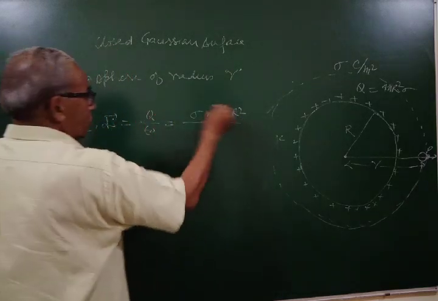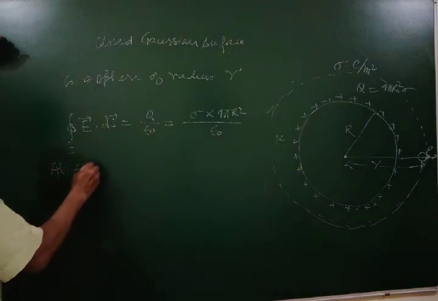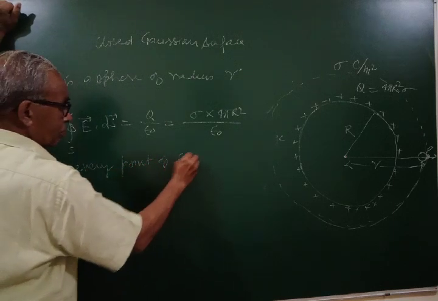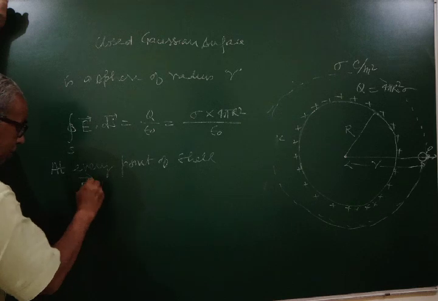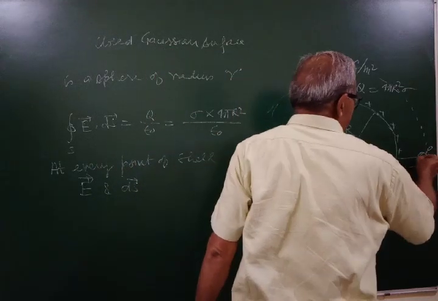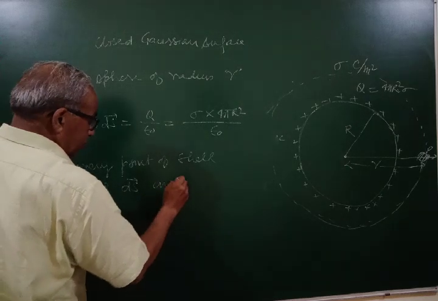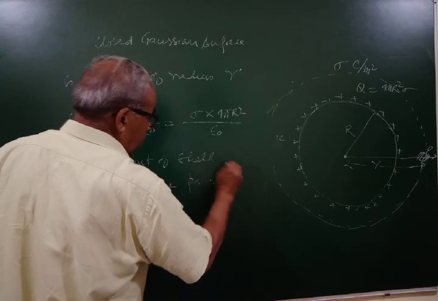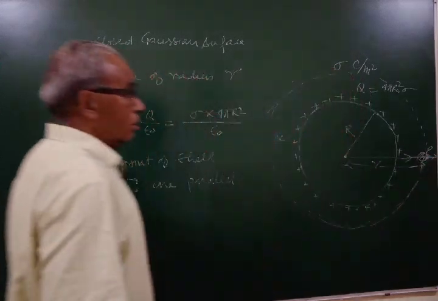Nothing else, I have just put the value of Q. At every point of the shell, vector E and vector ds, the area element on the sphere, are parallel, because if charge Q is positive, the electric field is outward and the area vector is outward.